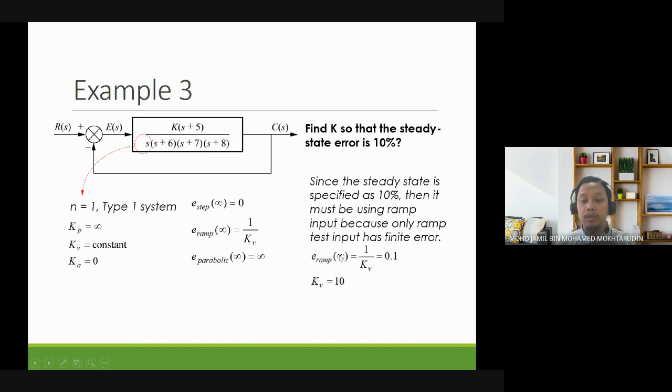So if you use a ramp input, you get Kv equals 10. Okay, so reverse the process. Kv equals 10, so you find the limit of G(s). From here, you get K equals 672. Okay, so it's like a reverse. We already have the answer, we reverse it to get K.